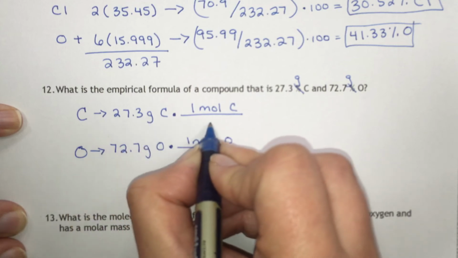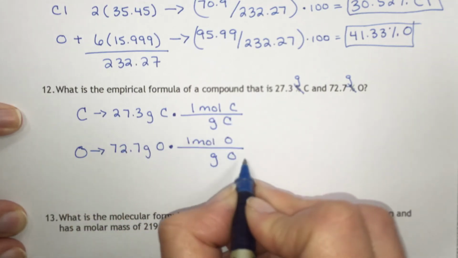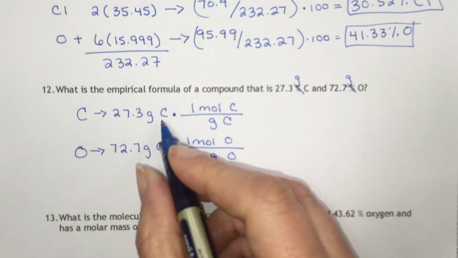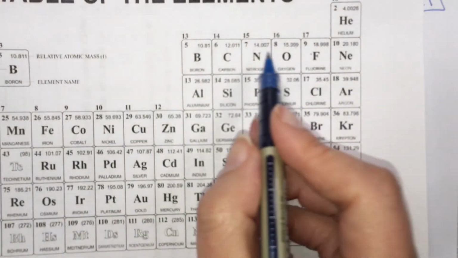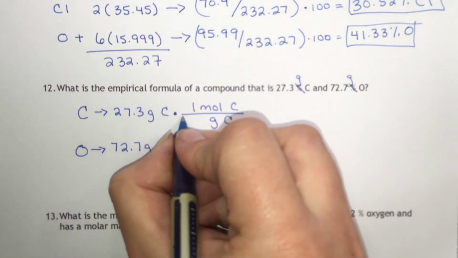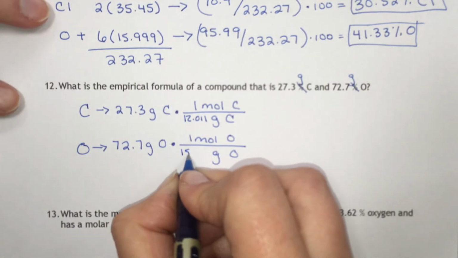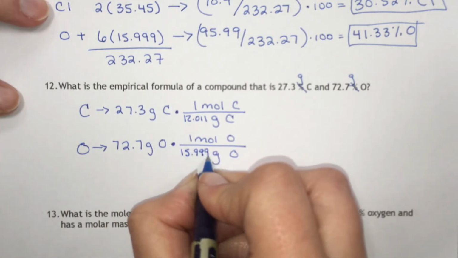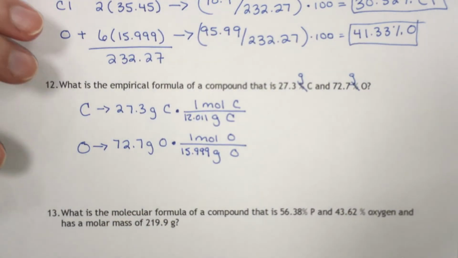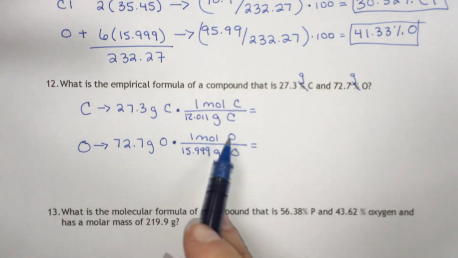So whatever's up here must go here. Grams of carbon, grams of oxygen. So we just find out carbon has a mass of 12.011. Oxygen has a mass of, we don't even have to look anymore, do we? 15.999 grams. And we're converting grams to moles.